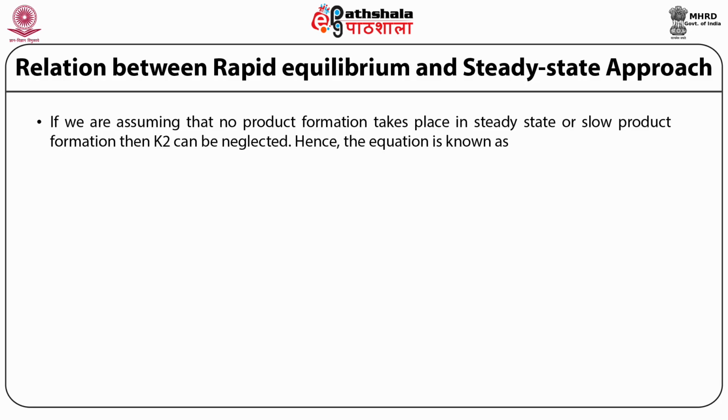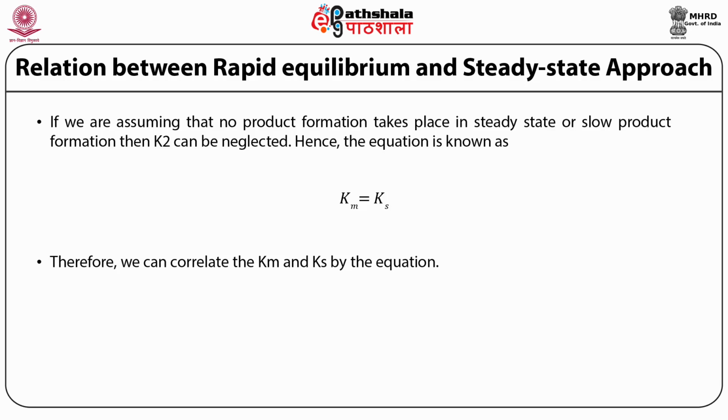Hence, if K plus 2 is neglected, then Km becomes Ks. Therefore, we can say that Km is nothing but Ks when you put the steady state assumption, that is product formation, and Ks is a Km when you put the equilibrium state assumption.